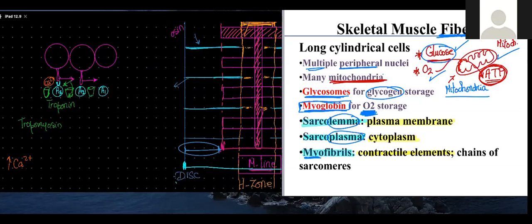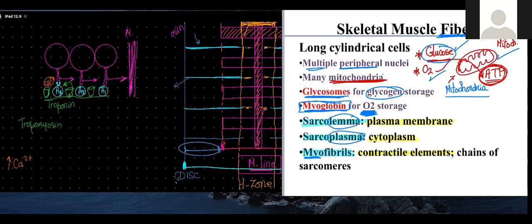This is my tropomyosin here. What happens again? The myosin subunits will be binding to the actin, pulling the actin subunits to move along the length of the thick filaments towards my M line.